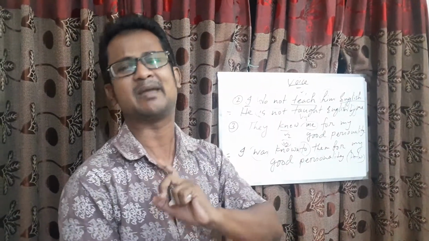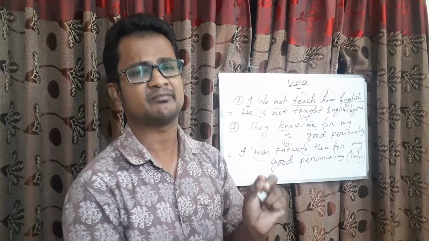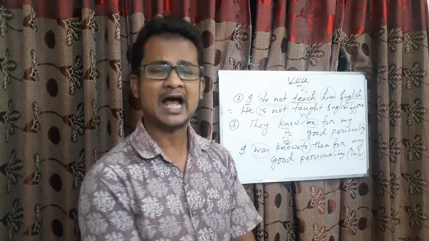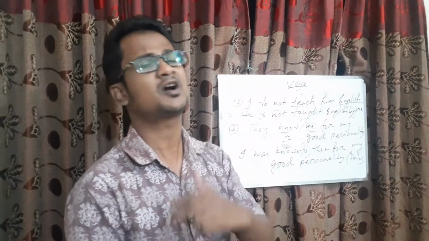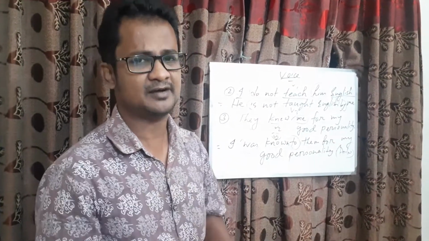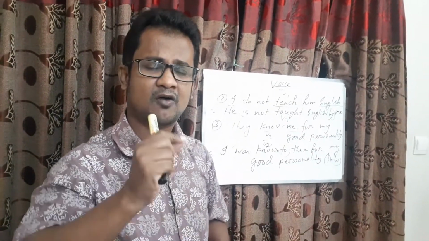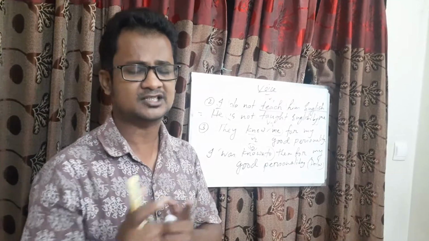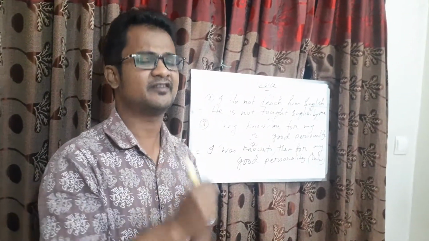They can never be main verbs, because do not, does not, did not can never be main verb. Do, does, did can be used as a main verb and can be used as an auxiliary verb. When they are main verb, when they are auxiliary verb. Whenever only one verb, do, does or did, is there in a particular sentence, that will be the main verb.